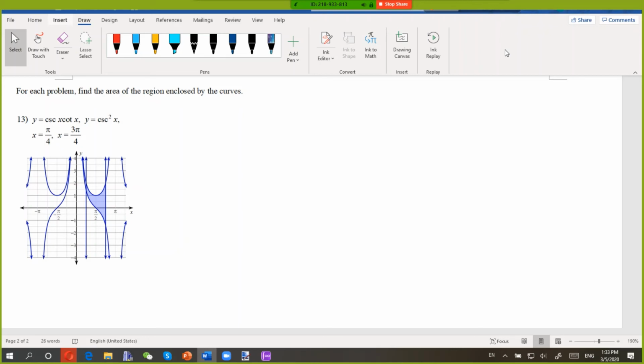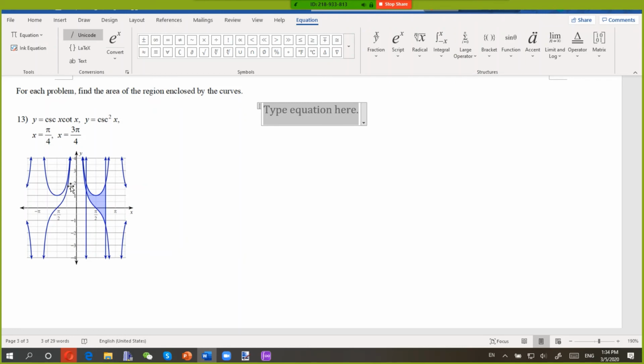Which function is on top right now? Cosecant cotangent or cosecant squared? Cosecant squared. Okay, cosecant squared is on top. So if I wanted to integrate from our start point to our end point of top minus bottom, it would look like this.